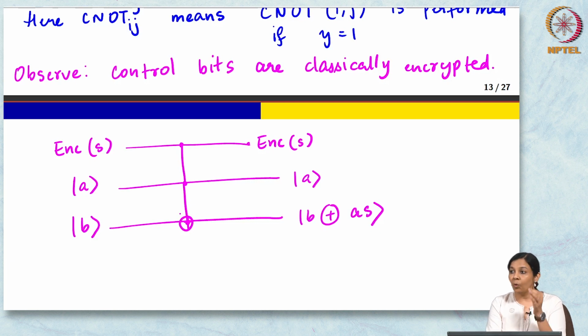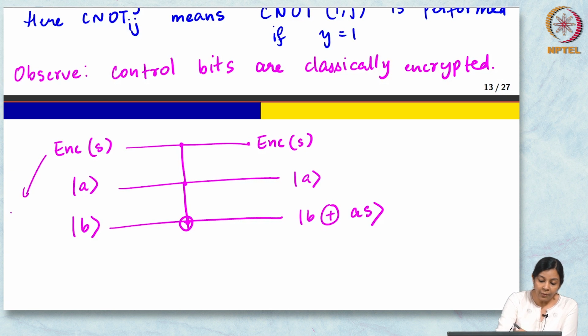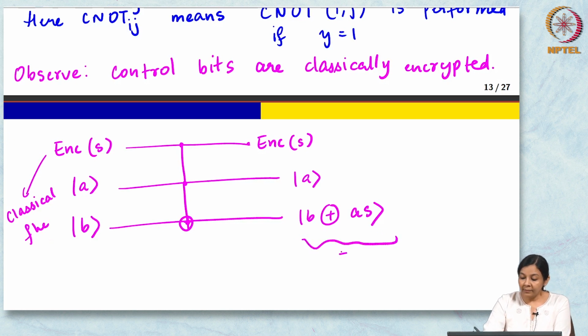So, where the control bit is classically encrypted, I have some inputs A and B, and I want to end up with B XOR AS, and moreover I want this B XOR AS to actually be encrypted. So, I want this encryption to actually be a classical FHE, okay, and I want this encryption to be quantum.